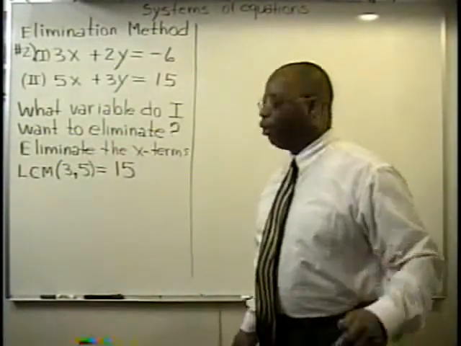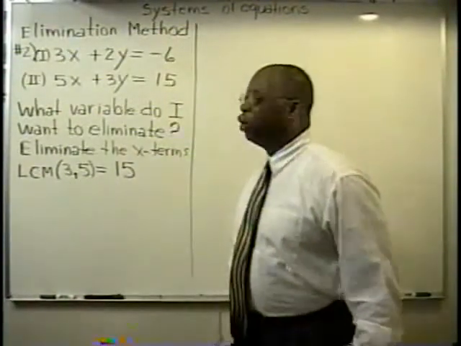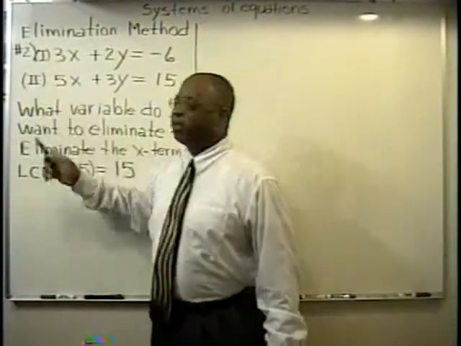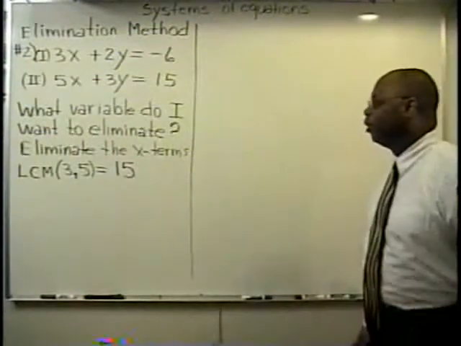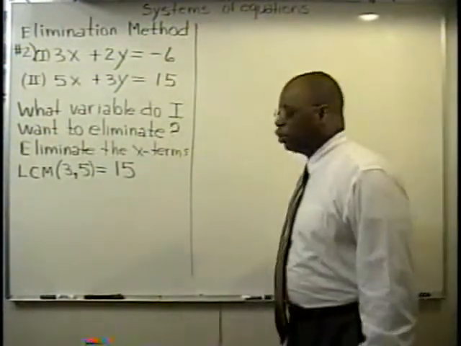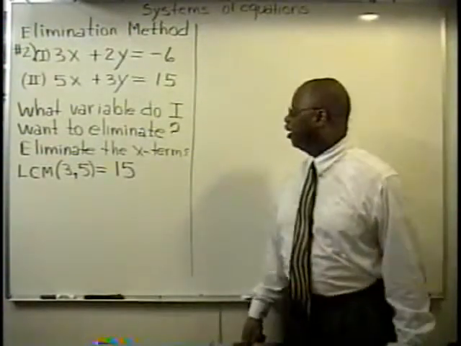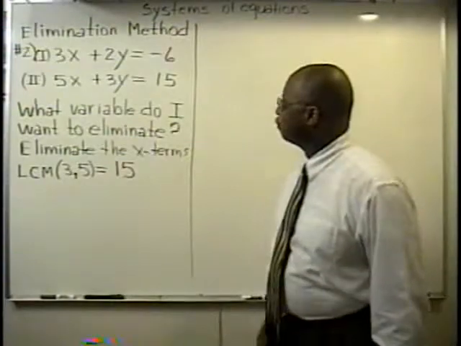Now we need one more thing to carry through. Now that we know the least common multiple between 3 and 5, we need to do one more check. Are these two terms opposite in sign? That is the other criteria. The terms we need to eliminate must be opposite in sign, aren't they? No, they're not.